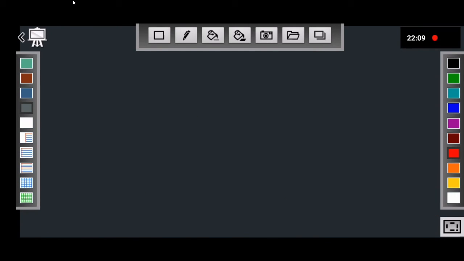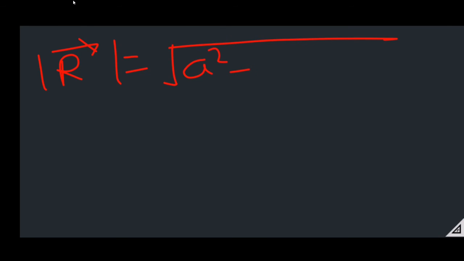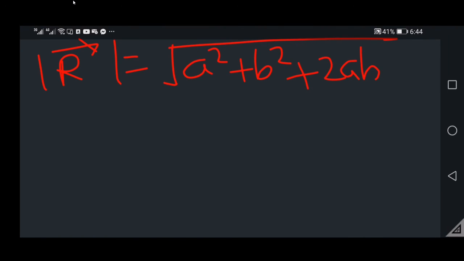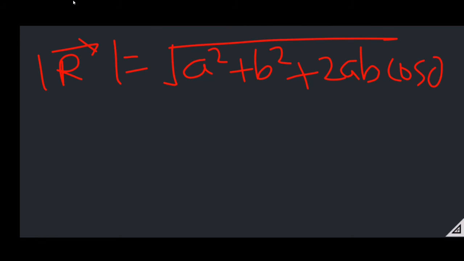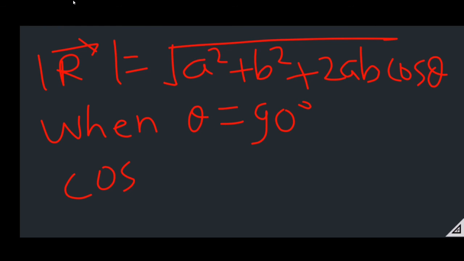Now let's see another case. Again, modulus of resultant equals root under a square plus b square plus 2ab cos theta. Now when theta equals 90 degree, cos theta equals cos 90 degree, and cos 90 degree equals 0.